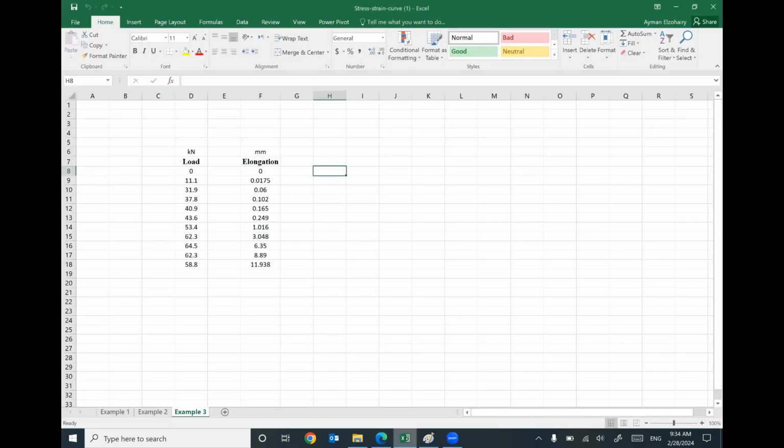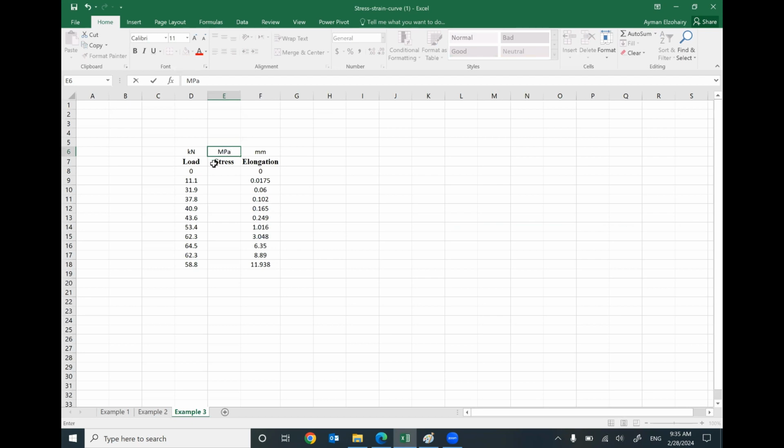So we have this Excel sheet with the recorded data, load, and elongation. So I will stop here and write, I'm looking for the value of the stress, and I will make it in megapascal.